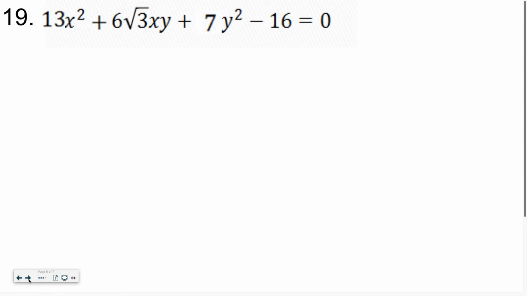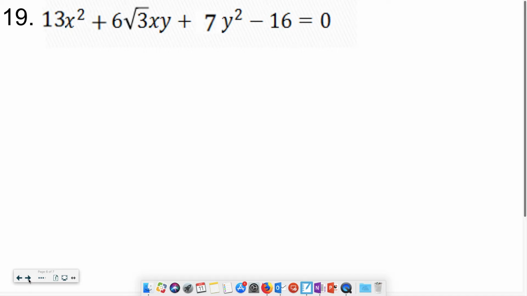This one looks a little bit different, doesn't it? There are more terms in this one. But I do notice that there's an xy term, which means we have a rotated conic. If there were not an xy term, this would be simple, like what we did on our past two quizzes.